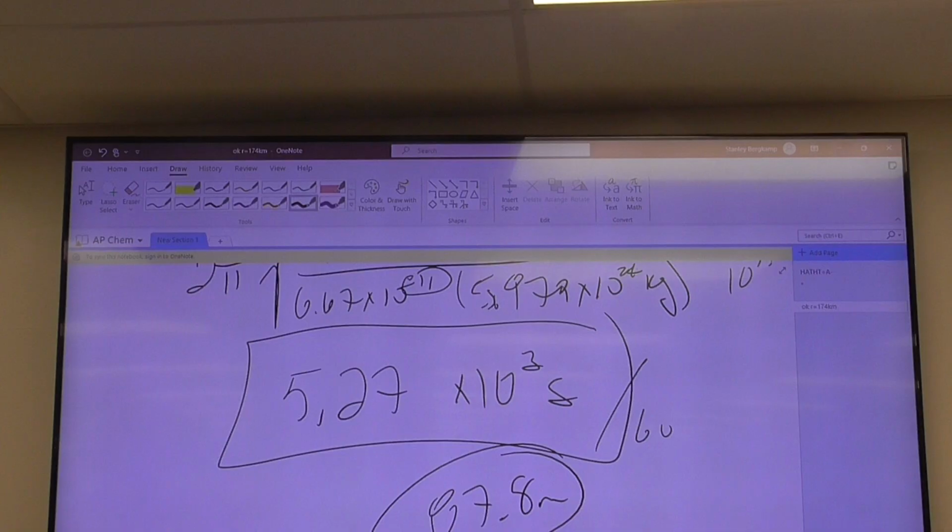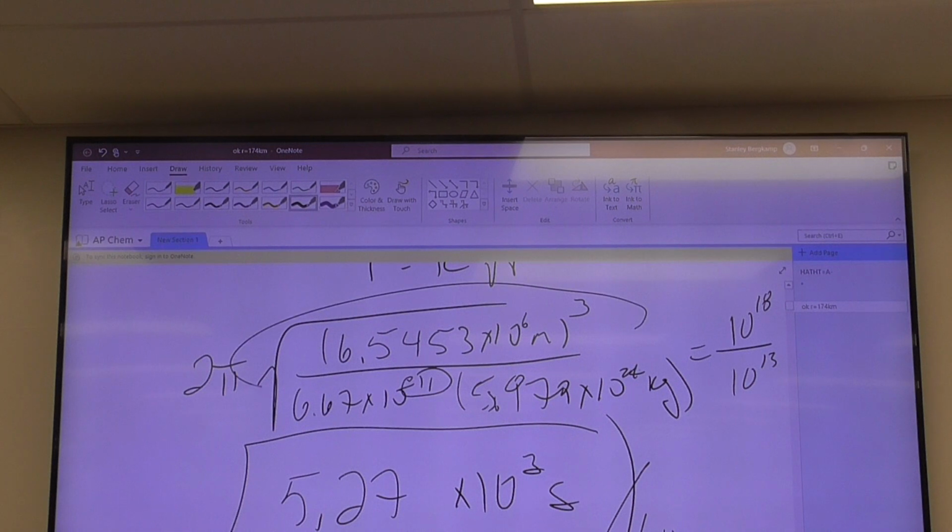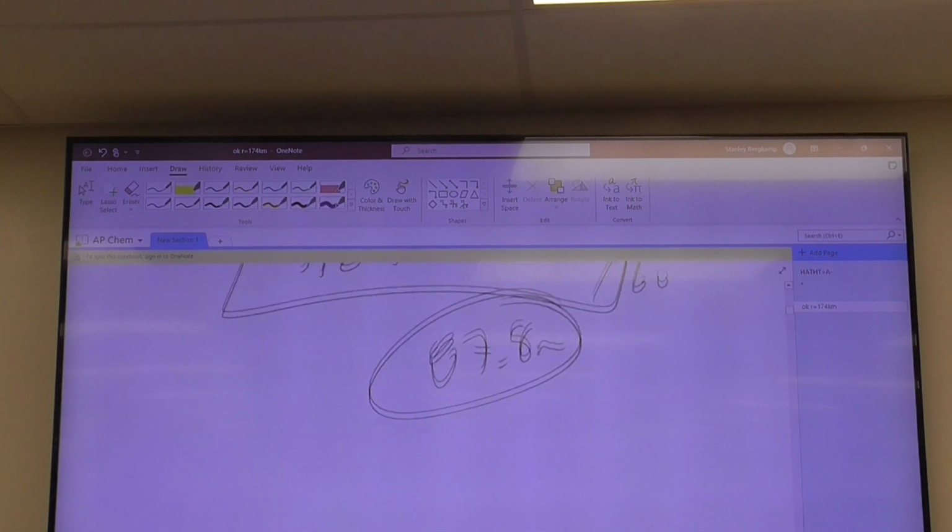So, here's the story. If we boost Luke into a higher orbit, what's going to happen to the value of T? It's going to become larger. And you have two things happening.